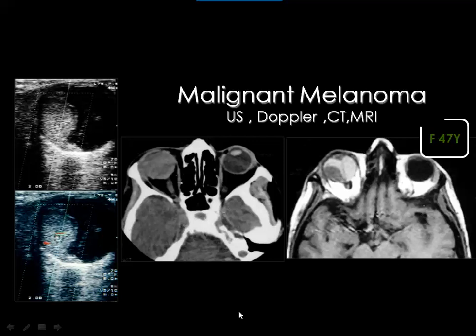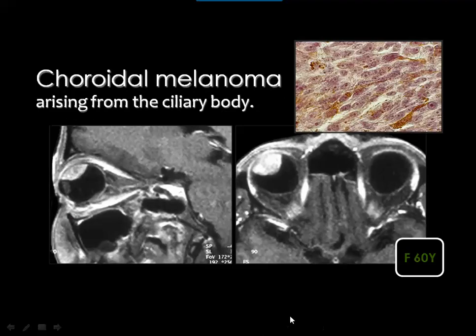Then malignant melanoma will appear by ultrasound, and this is one of the advantages of ultrasound over CT, especially when there is associated vitreous hemorrhage. The ultrasound can see the lesion better against the vitreous and can assess the vascularity of the lesion by Doppler, and MRI is good if there is hemorrhage because of the clear difference between the signal intensity of the lesion and the hemorrhage inside the globe.